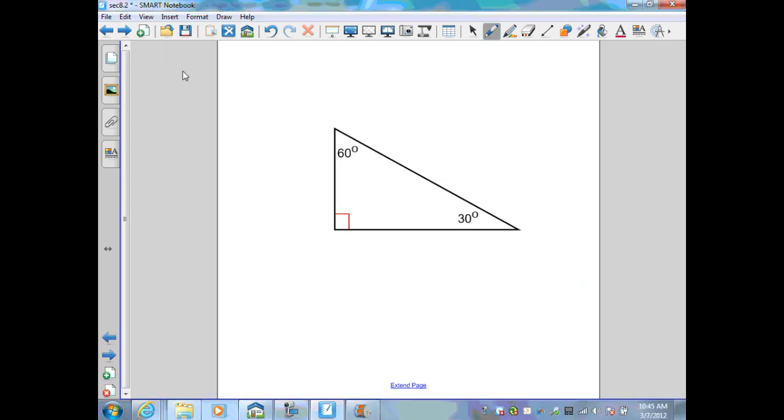Before we proceed to the theorem on a 30, 60, 90 triangle, we have to identify the parts of the 30, 60, 90 triangle. Here we have the right angle, and of course we know in any right triangle, the side opposite the right angle is the hypotenuse. And therefore we know that the other two segments must be the legs.